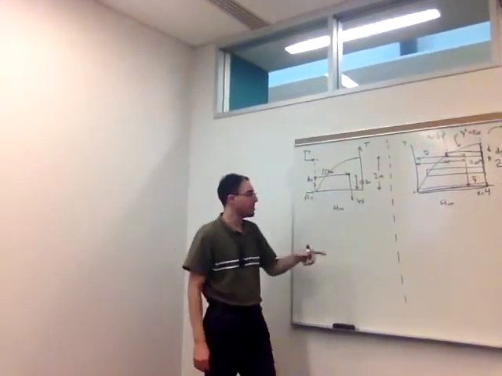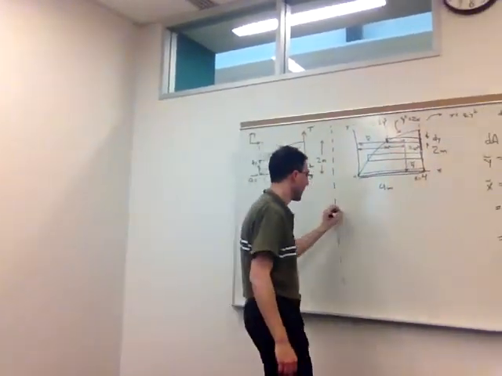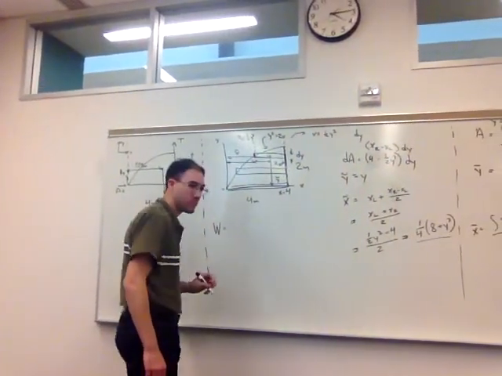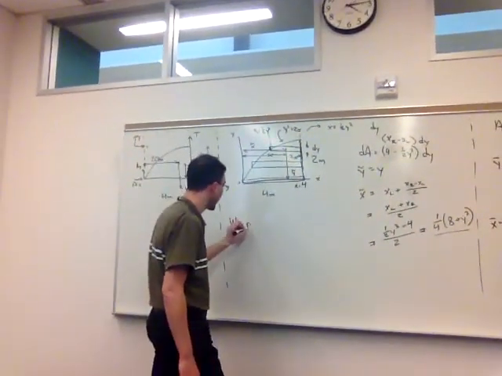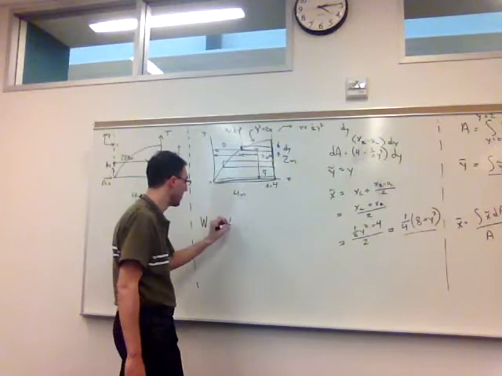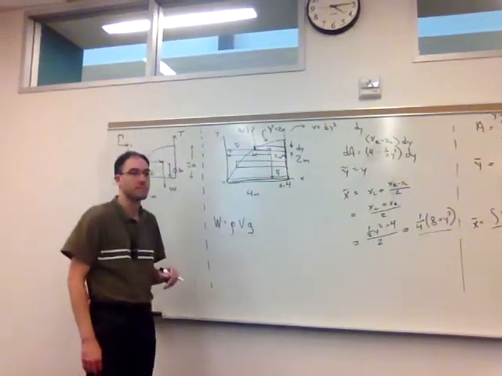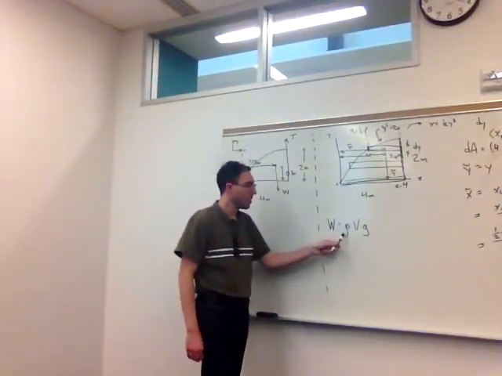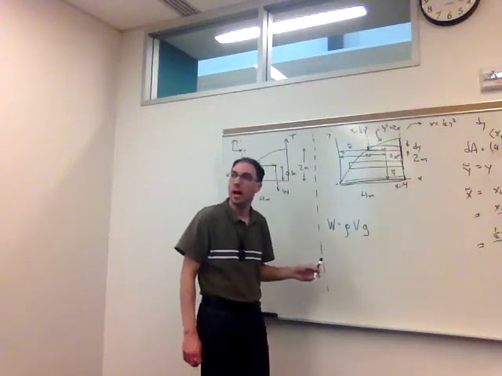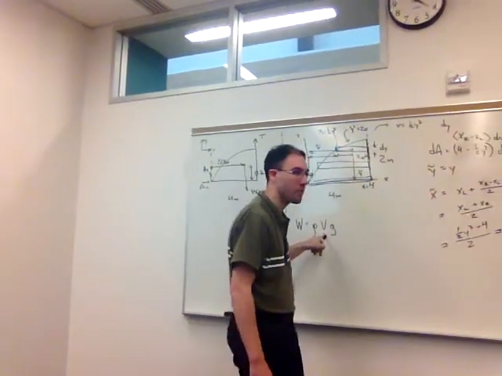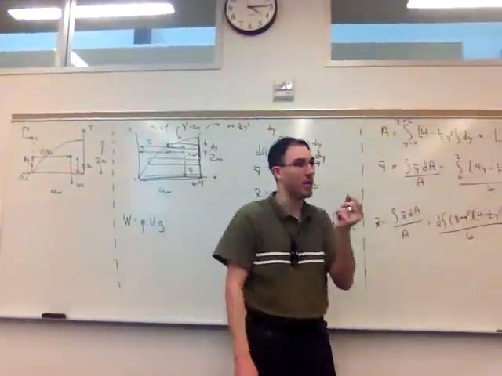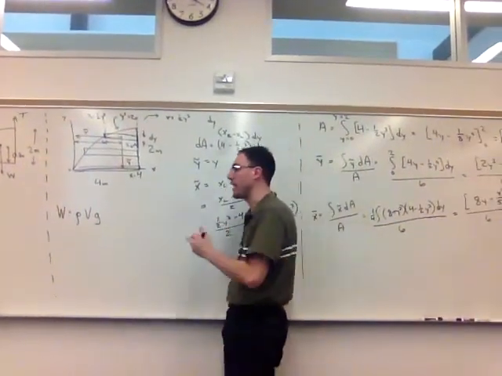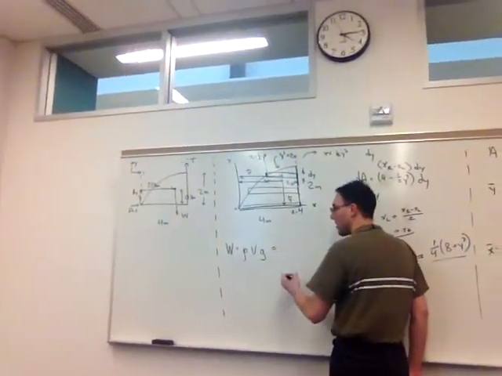And the area we can use now, because we want to find the weight of the object. The weight is going to be the density times the volume times gravity. We were told the density of the object. The volume we can now compute because we know it's a uniform thickness and we know its area. And then gravity is just a constant.